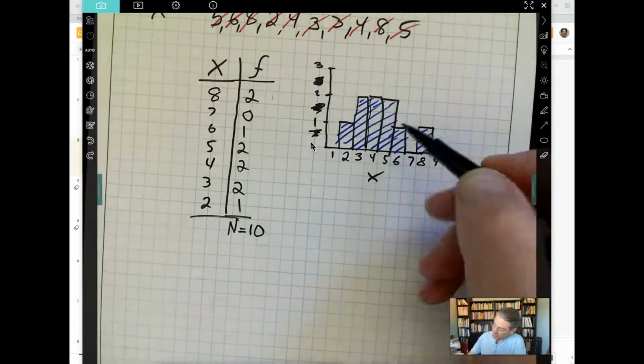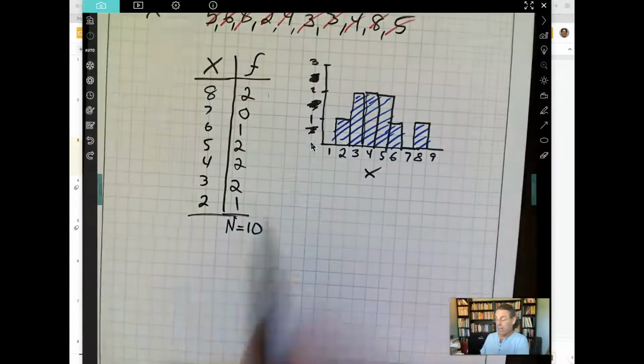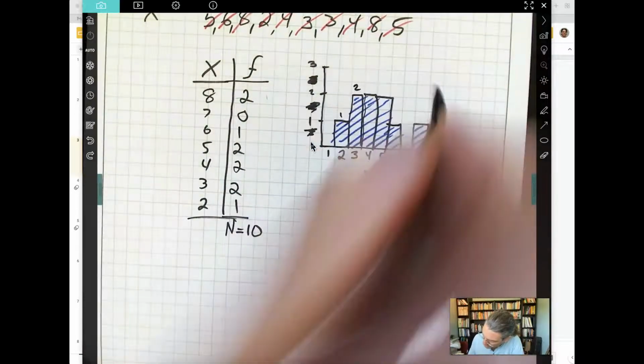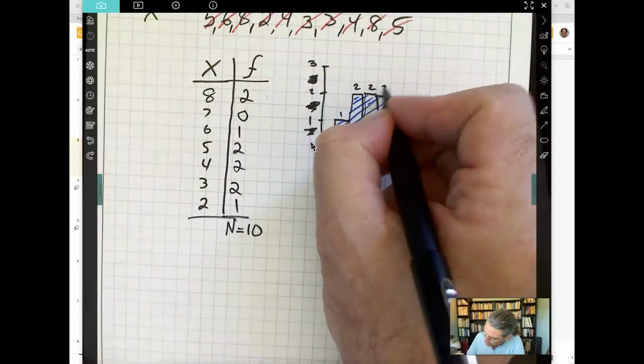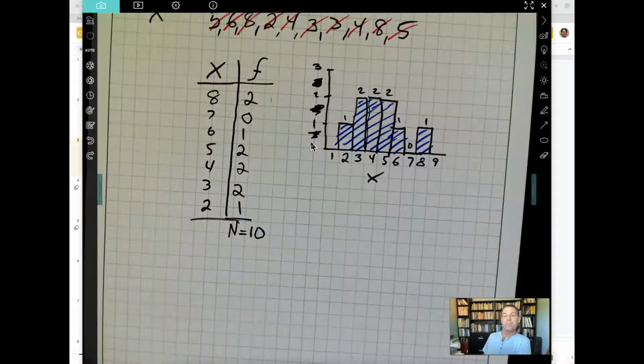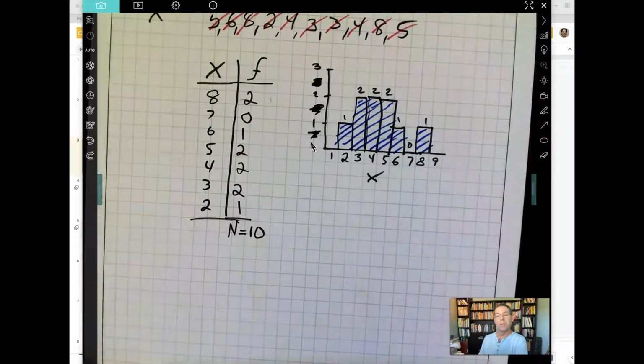And again, here, if I'm not sure how to do that with this, I just convert it to the frequency table, do that. But another thing you could do is just think of it as this has a frequency of 1, that has a frequency of 2, that has a frequency of 2, frequency of 2, frequency of 1, frequency of 0, frequency of 1. And then just add those up. 1 plus 2 plus 2 plus 2 plus 1 plus 1. And I missed something. Where did I go wrong?